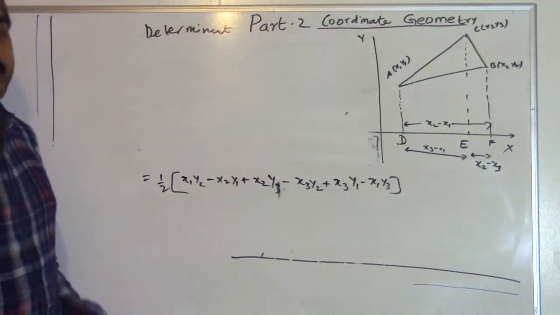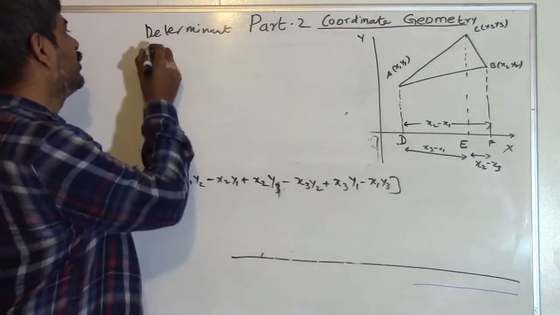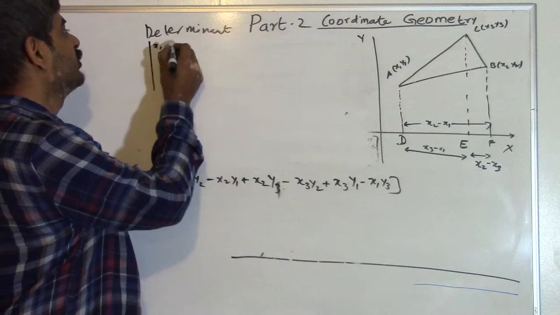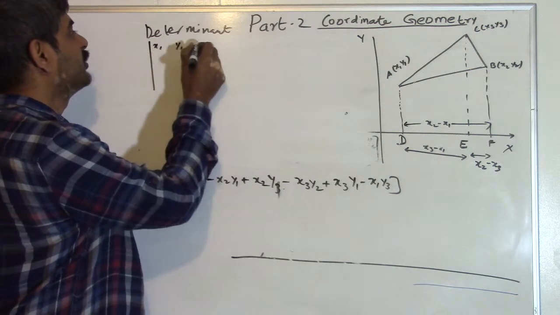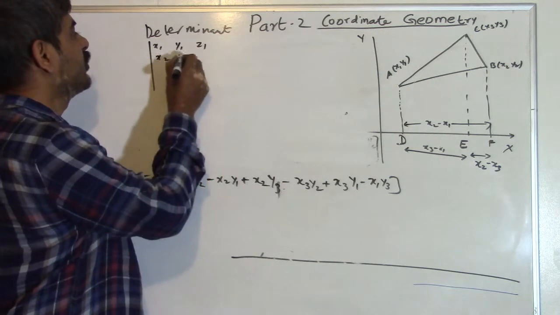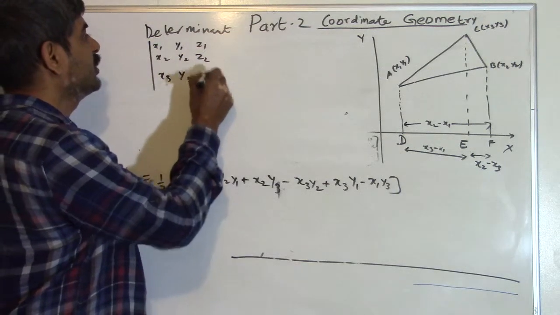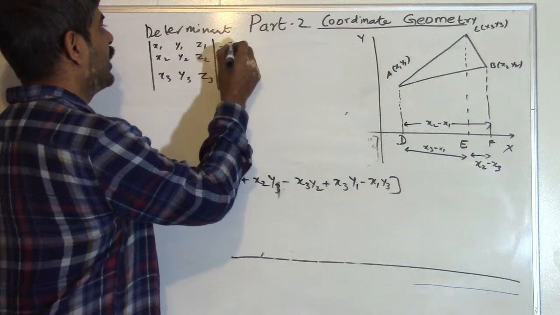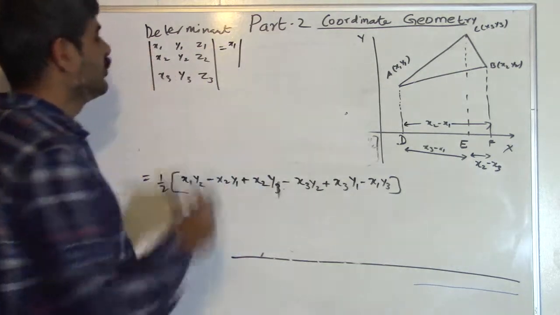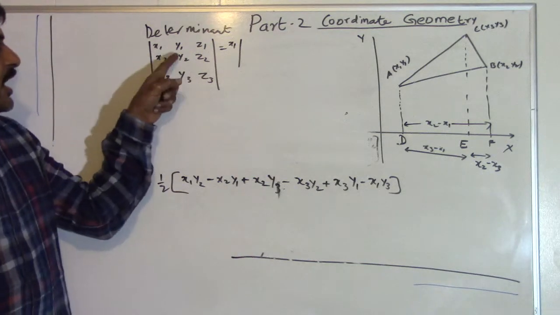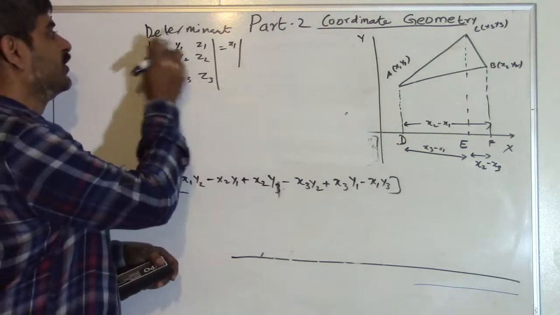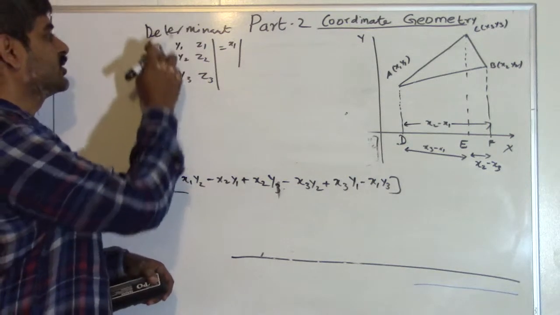If we are given a determinant of the third order, x1, y1, z1, x2, y2, z2, x3, y3, z3, then this is expanded as x1. We first take this first x1 and then we don't take this row and this column.